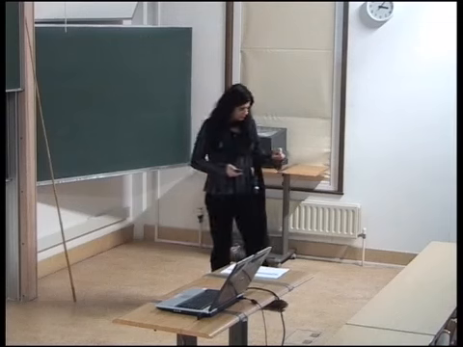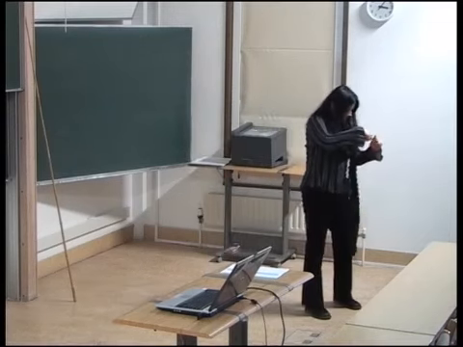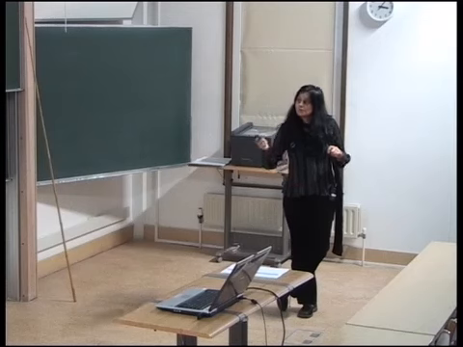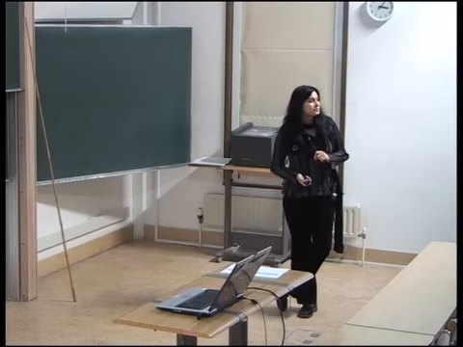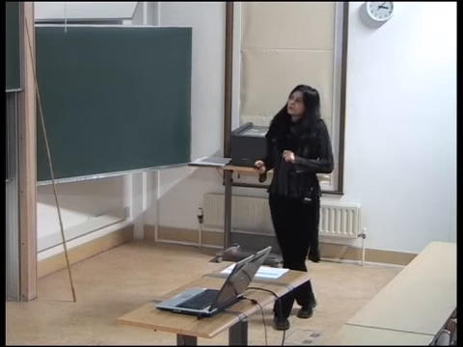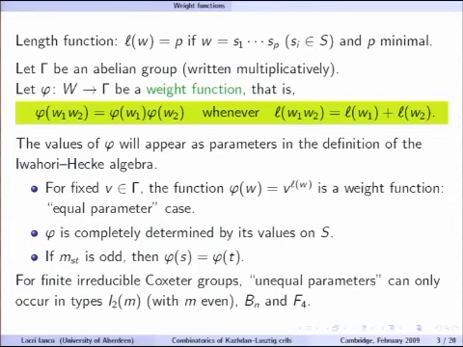So if the order of the product ST is odd, then S and T are conjugate in the group, and we ask phi of S to be equal to phi of T. So basically all we need to know is values of phi on conjugacy classes of generators, which means that if we stick to the case of finite irreducible Coxeter groups, unequal parameters can only occur when we deal with dihedral groups I2 of M with M even, Bn and F4.